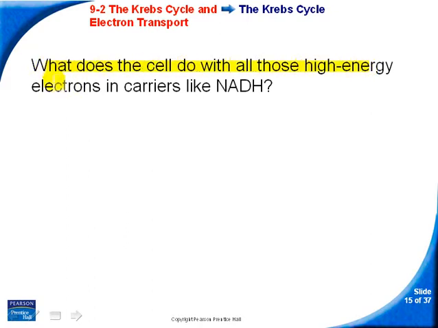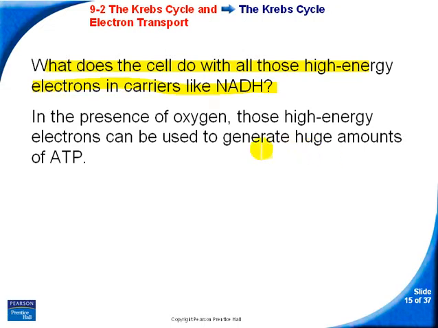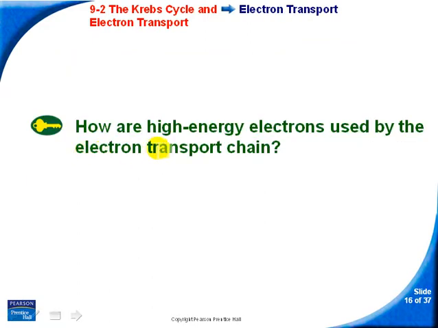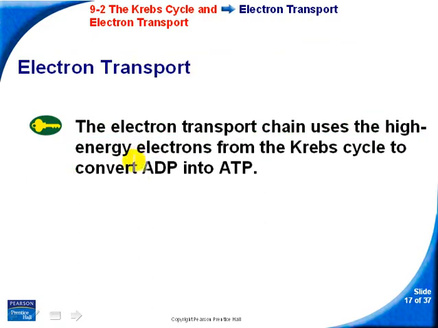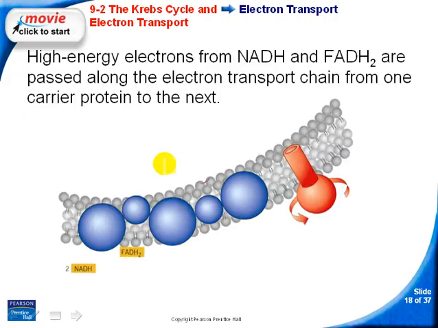So now here's the important thing. What does the cell do with all these high energy electrons in the carriers like NADH? This is where you can really create a lot of ATP if you have oxygen. We do this in the electron transport chain. It uses the high energy electrons from the Krebs cycle to convert ADP into ATP.